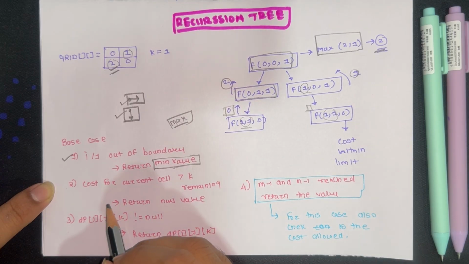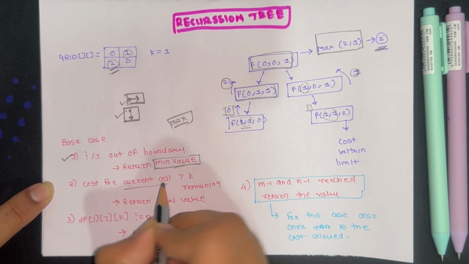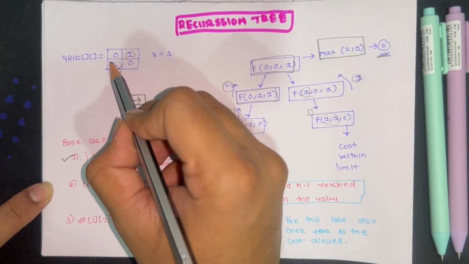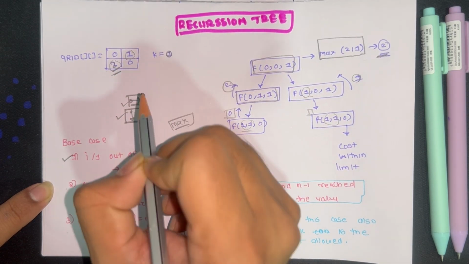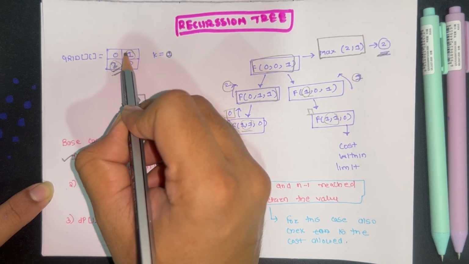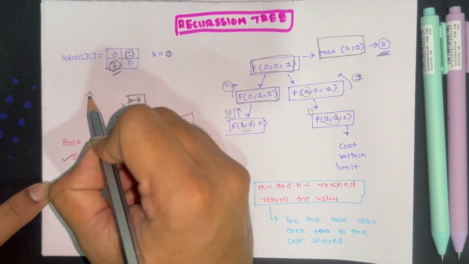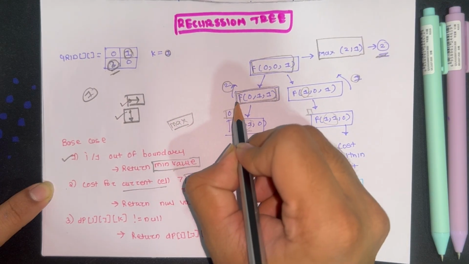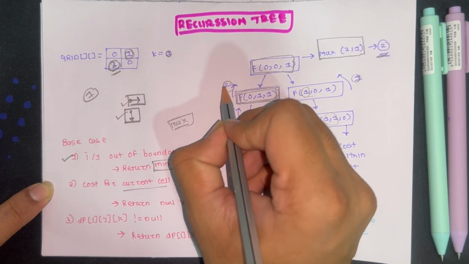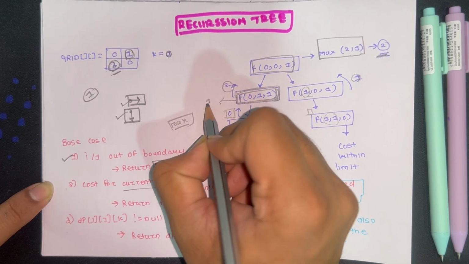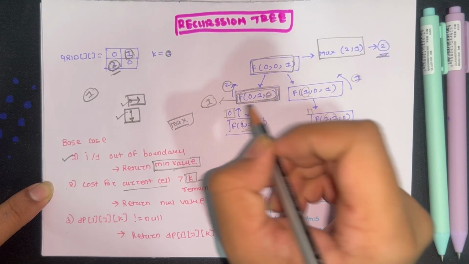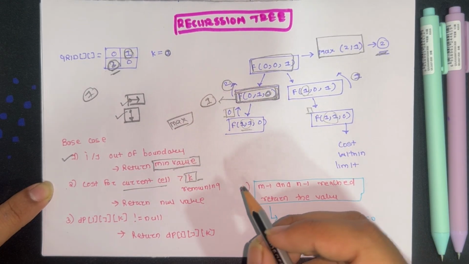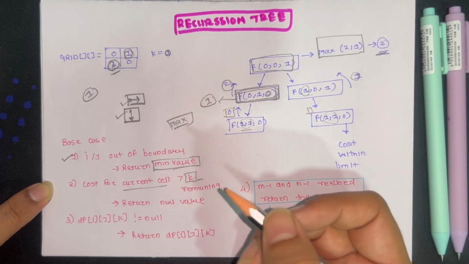Then, if the cost of the current cell is greater than k, say the k given was 0, and the cost contributed by 1 and 2 is 1, then when we reach this block, the cost for this block is 1 and we have 0 remaining, so we can't proceed forward. We'll just return that this is an invalid cell, so return the minimum value.